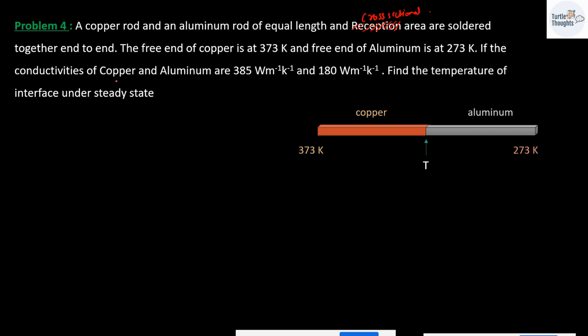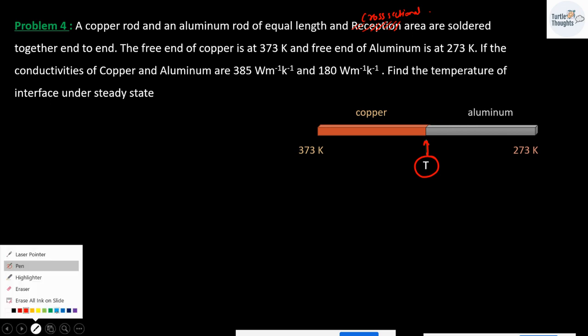If conductivities of copper and aluminium are given as 385 and 180 Weber per meter per Kelvin, find the temperature of interface under steady state. Temperature of interface meaning that we have to find out T at this point where both of them meet. This is the question, right?